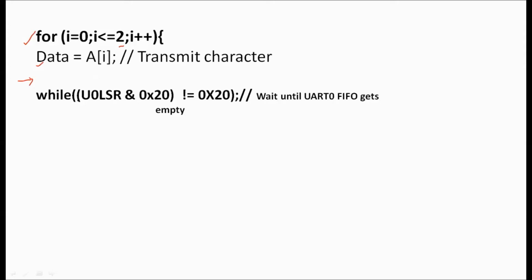I'll explain it afterward. But after data transmission, we have to check the FIFO bit, whether that register is empty or not. So that is in U0LSR. So in the U0LSR register, we'll read that register and we'll AND it with 0x20.